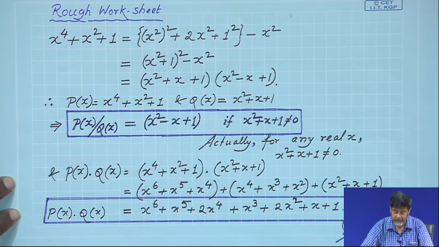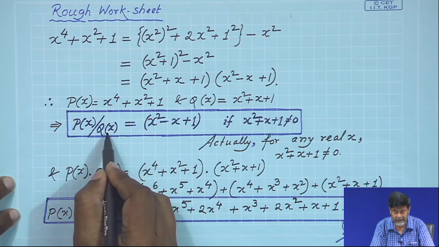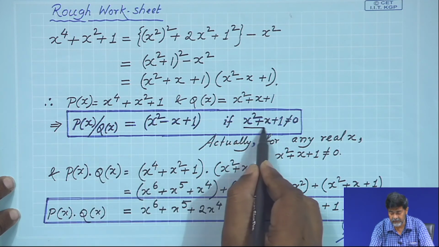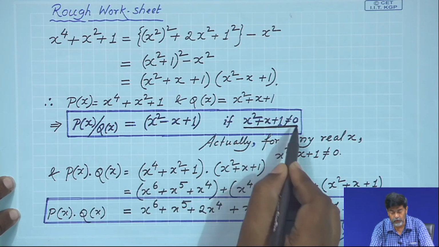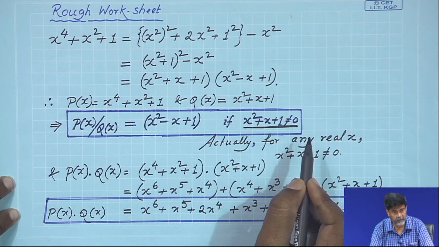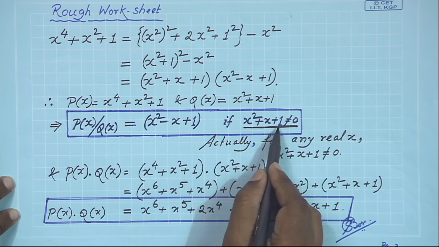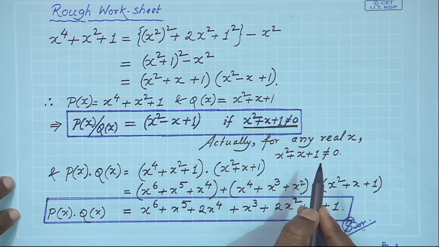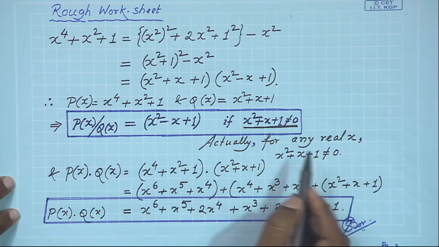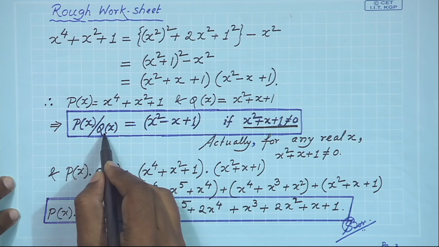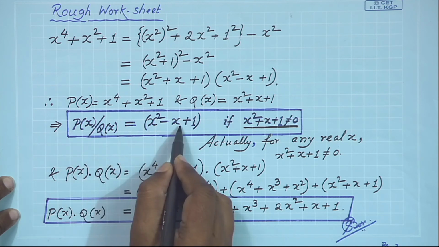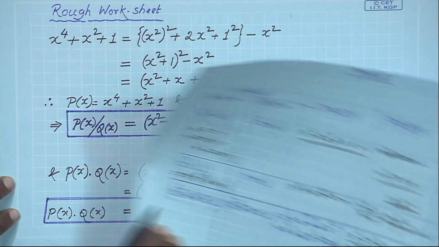In the denominator we have Qx, and Qx was x square plus x plus 1. Therefore, this expression should not be 0. Okay, sir. Actually, for any real number, this expression cannot be 0. I will show it in the next module. Therefore, Px by Qx will always be equal to x square minus x plus 1.